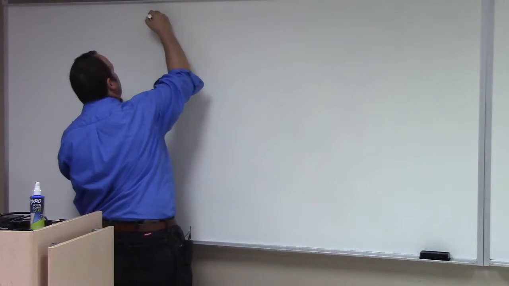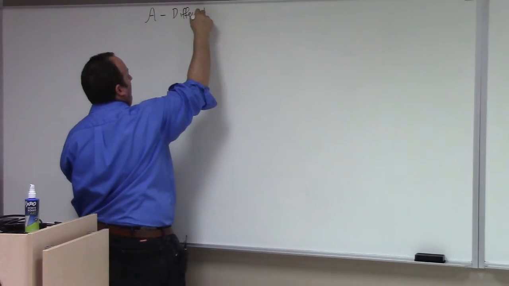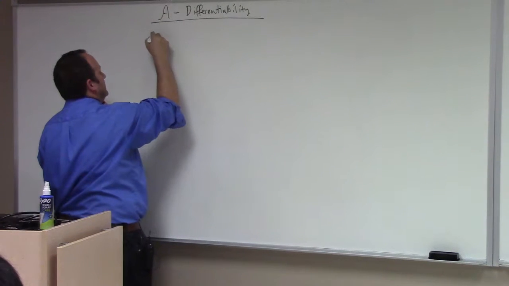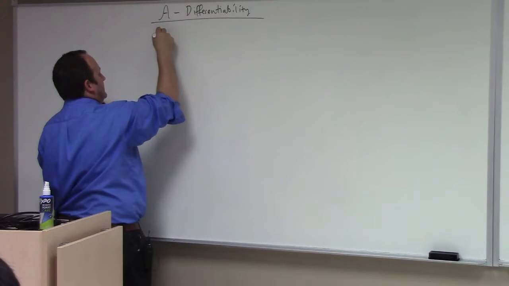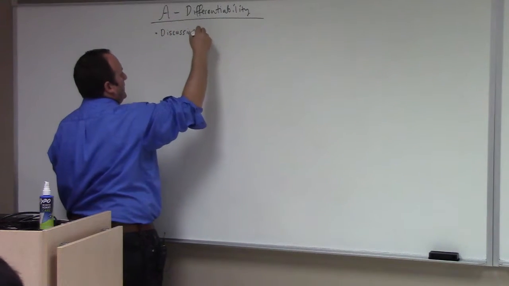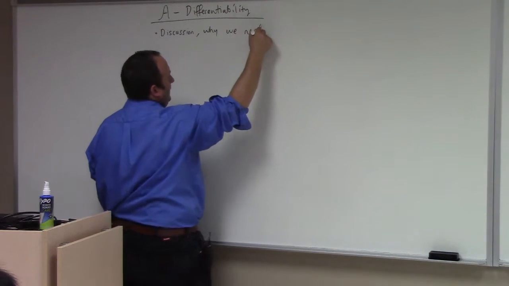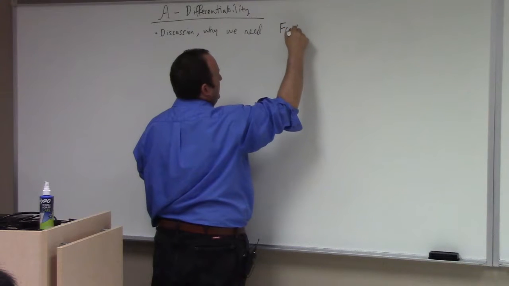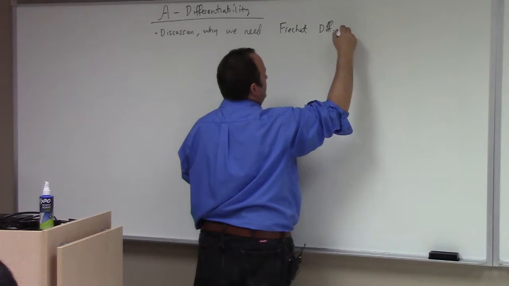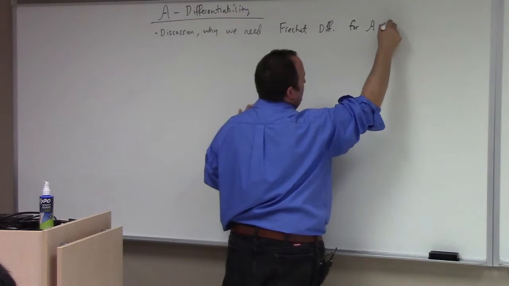So today we're talking about A-differentiability. All right. So here's the, first of all, I should have a little discussion with you about why we need Cauchy differentiation for the algebras we consider.